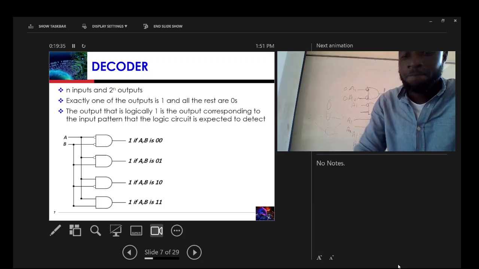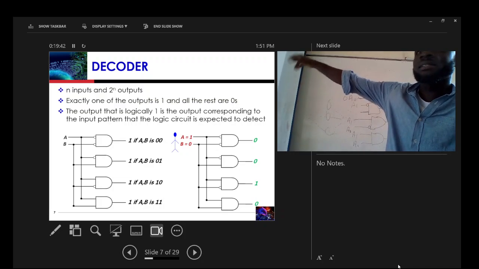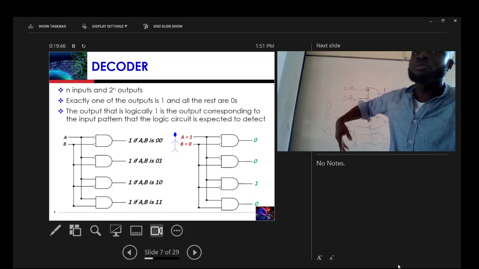Shall I continue? Now if I pass, let's say, 1, 0 to it, you can see that only the third AND gate is on. The rest will be off.